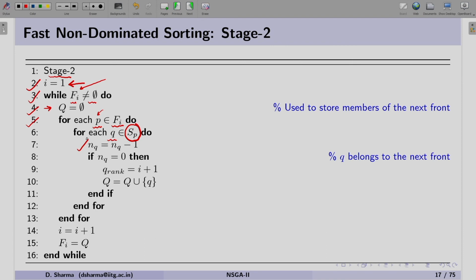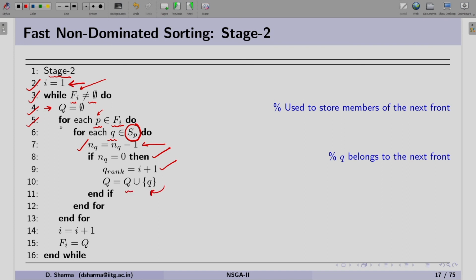Currently it is NQ equals to NQ minus 1. At this particular stage, if any solution has NQ equals to 0, we are going to assign it rank I plus 1. Currently I equals to 1, so the rank will become 2 and the solution will be copied into Q.